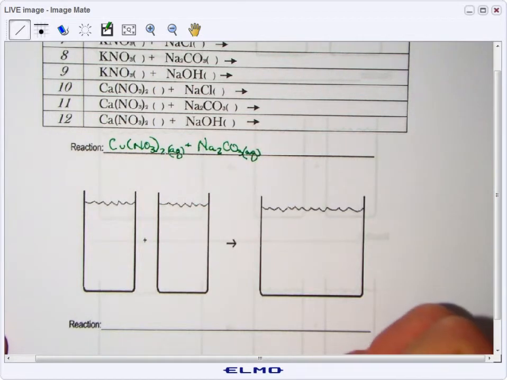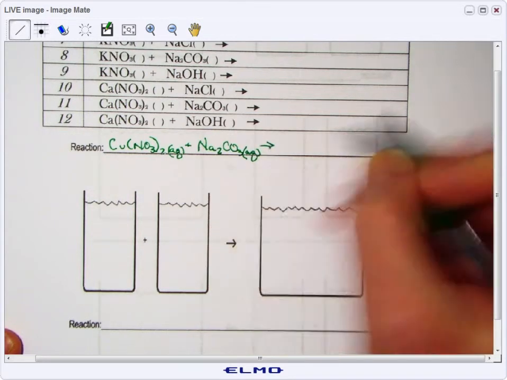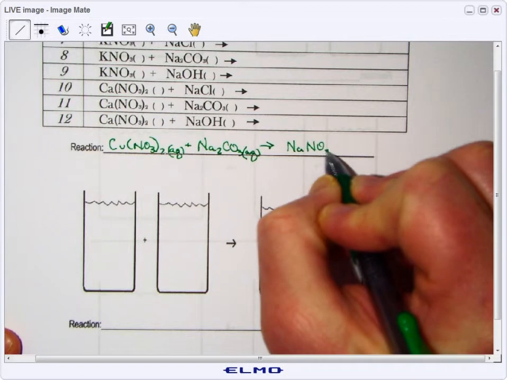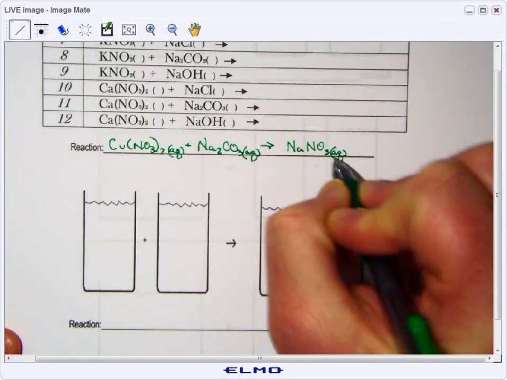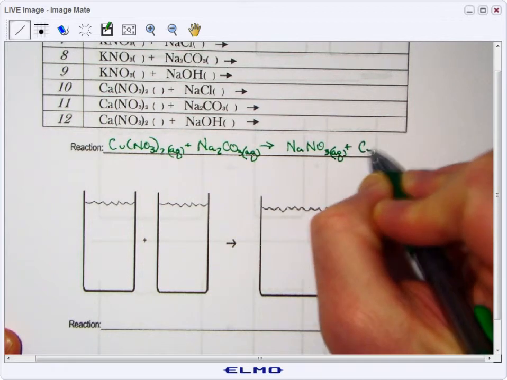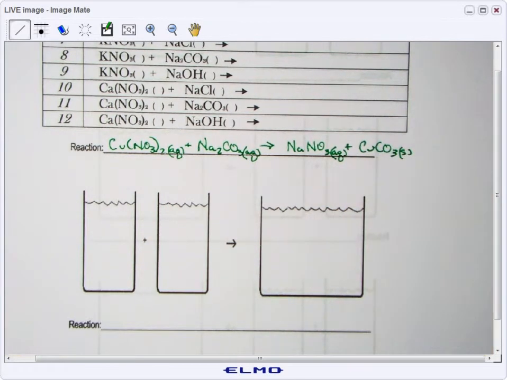All I'm doing is writing down what I have written up above, and that's going to form our sodium nitrate, which we said is also aqueous, also dissolves, and we had copper carbonate, which we said does not dissolve. Right? All we did is rewrite that equation.